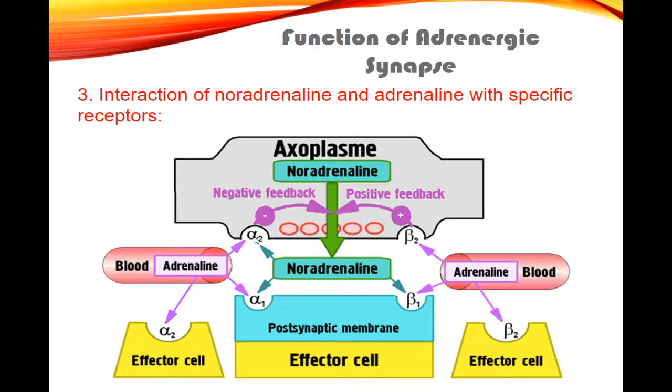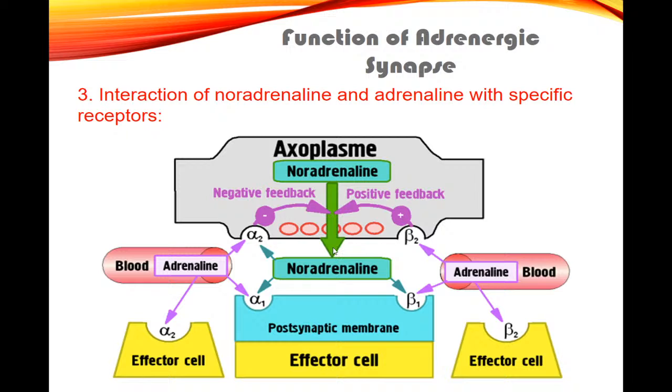Alpha 2 is excited by high concentration. If more noradrenaline is released, of course noradrenaline stimulates these receptors, and by negative feedback release of noradrenaline is decreased. So alpha 2 participates in the negative feedback mechanism. High concentration excites alpha 2, this leads to decrease of release.